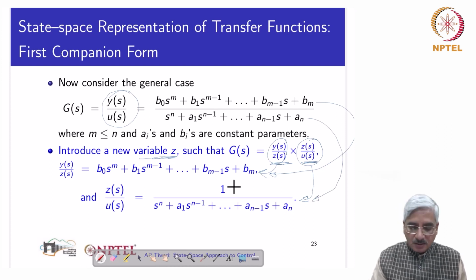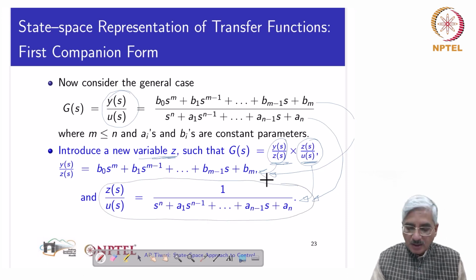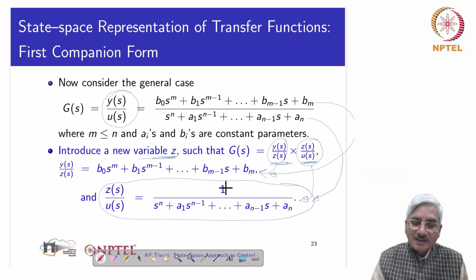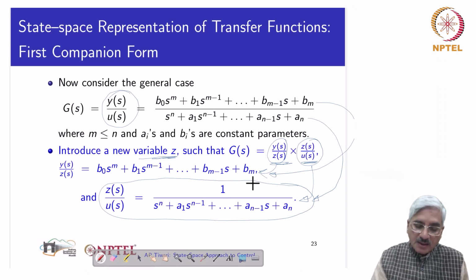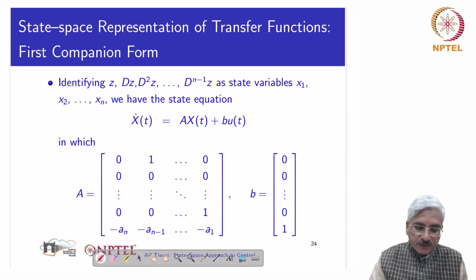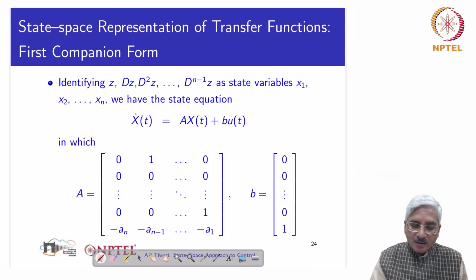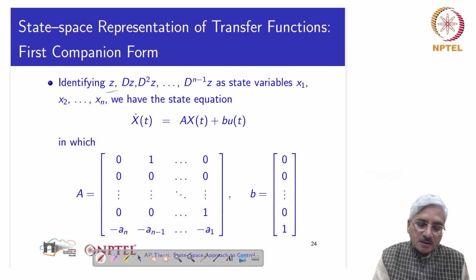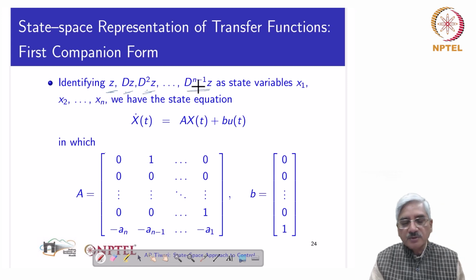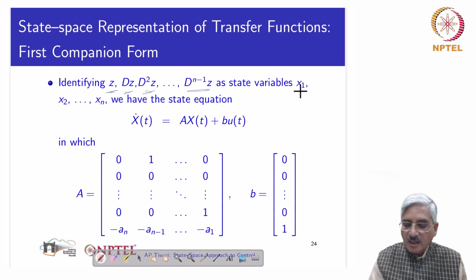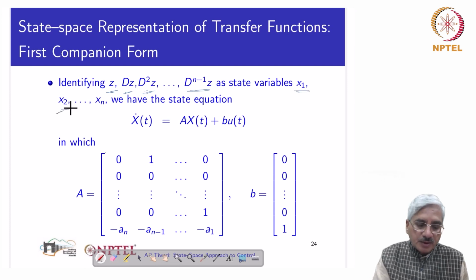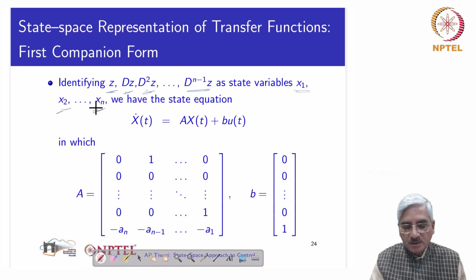Numerator is 1 here. So this one is identical to what we did before, except that in place of 1 we had a k. So the state space representation of Z(s) by U(s) will be similar to the one which was done before, identifying the state variables z, dz, d square z, etc. up to the n minus 1th derivative of z as x1, x2, etc., the n state variables.